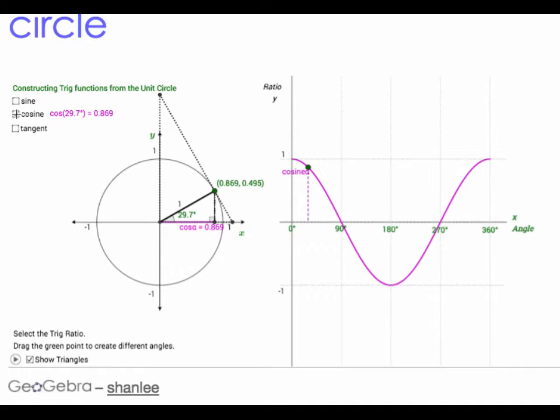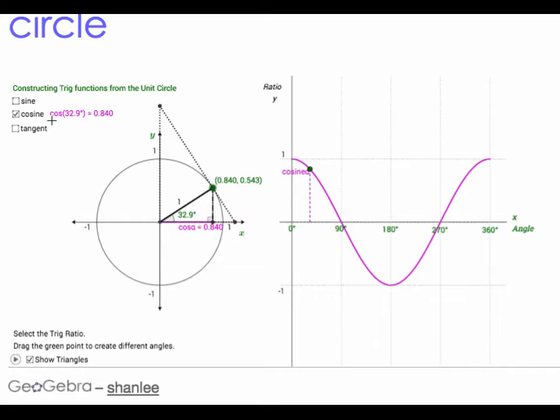Now, I'm going to turn sine off. Cosine is the adjacent. You get a similar pattern, but notice that the adjacent is actually the x-coordinate of this point on the circle. Since the hypotenuse is equal to 1, and cosine is the adjacent over the hypotenuse, I really get 0.84 divided by 1.